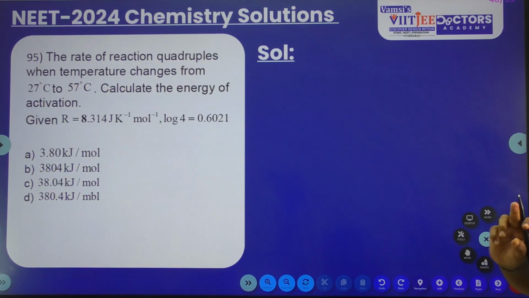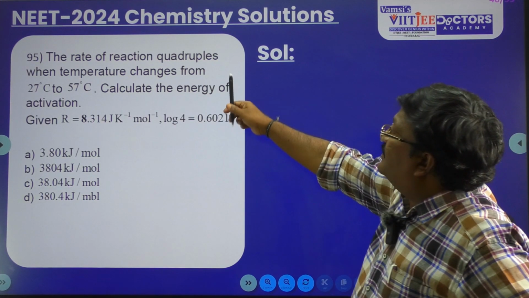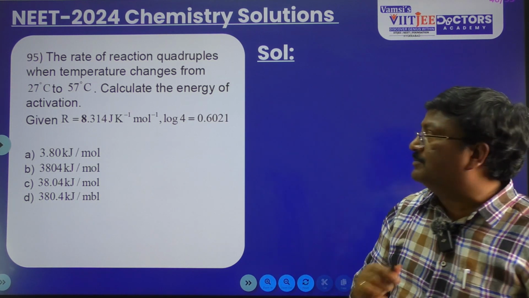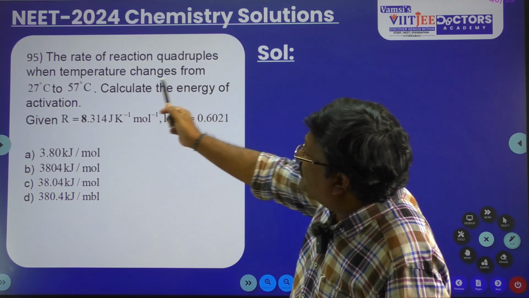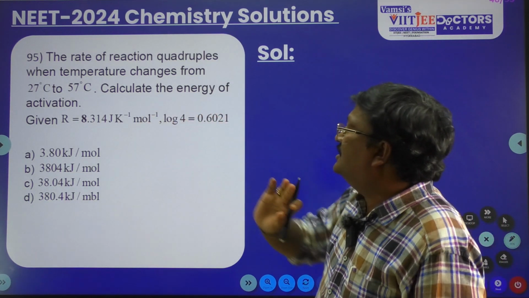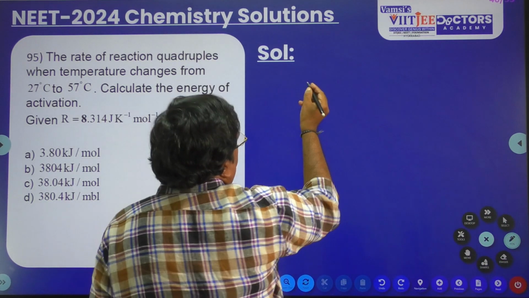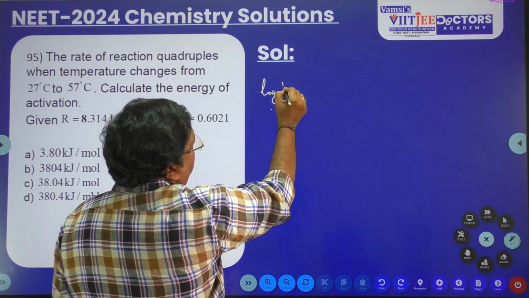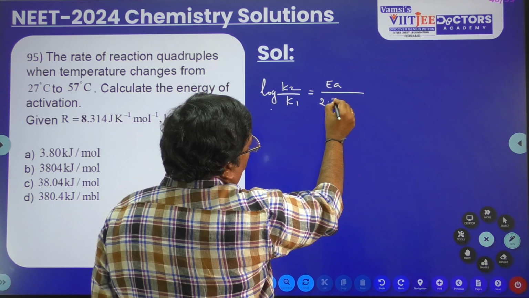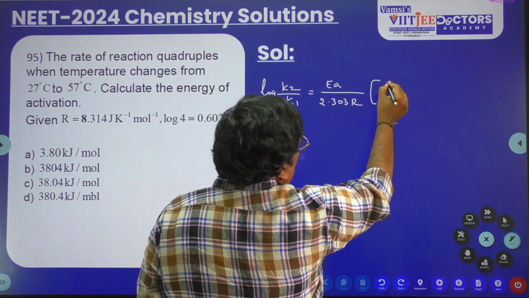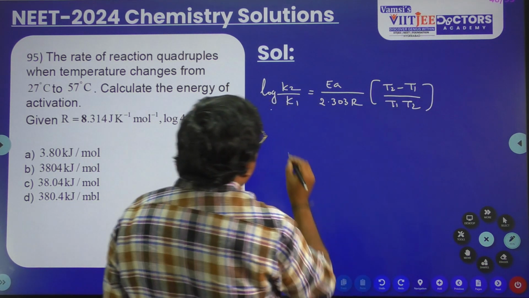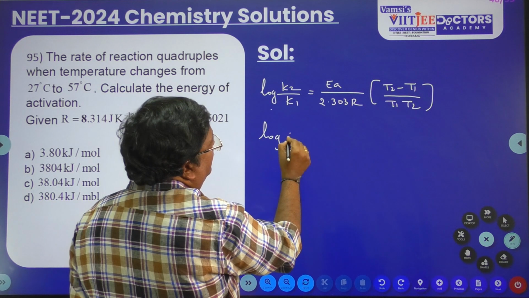Coming to the next question, the rate of reaction quadruples, which means it becomes 4 times, when temperature changes from 27 to 57 degrees Celsius. Calculate the energy of activation. All values are given. To calculate this, log K2 by K1 equals Ea by 2.303 R into (T2 minus T1) by T1 into T2. It quadruples, so log 4.